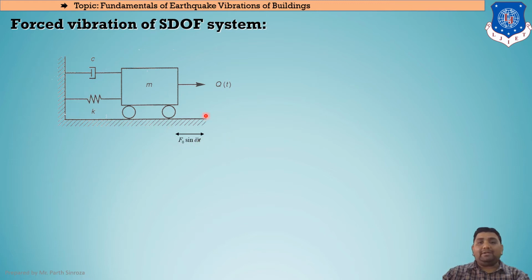Now considering the free body diagram of this body, the weight force, or you can say the mass, will always act in the downward direction. The inertia force, the stiffness force, and the damping force will always act in the opposite direction of the applied force. The applied force, as you can see here, is in the right hand direction, so F of t is equal to F0 sine omega dash t. Clear?